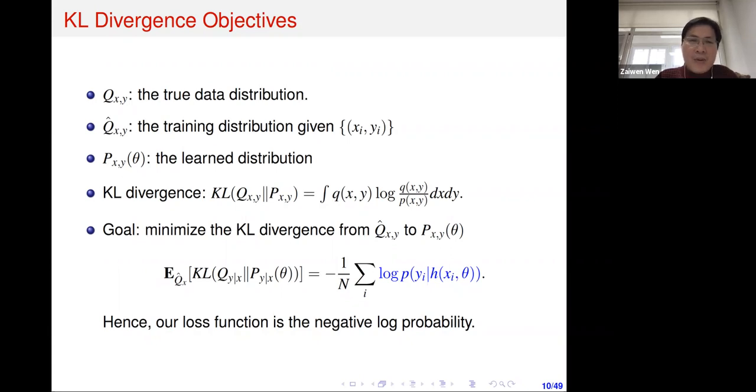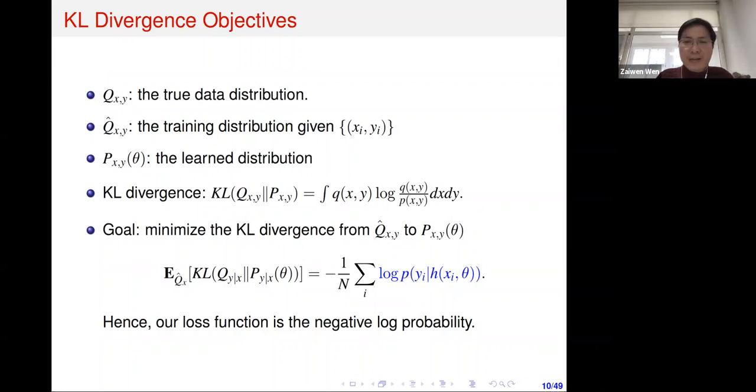It can be interpreted as a minimization of the KL divergence between Q hat and P, where the KL divergence is defined in this way. If we do the calculation, it can be expressed in this way. It is actually a summation of the log probability of certain functions.